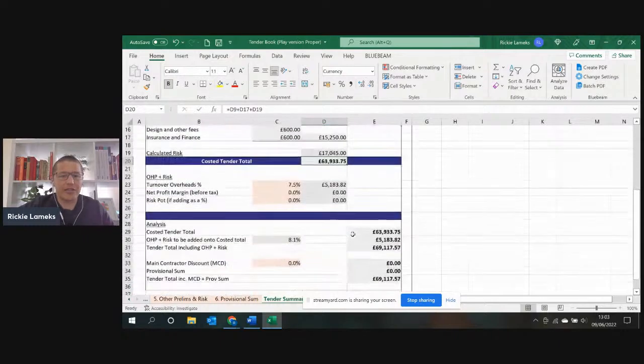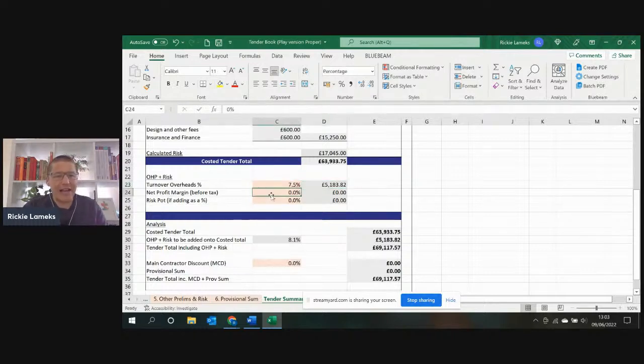So that's our costed tender total. So then we talk about what we're going to add on top of it. So adding on top our OH&P. So if you watched my previous live on overheads, you'll see how I got to this figure, 7.5%. But I have put in my overhead calculation from my actual overhead costs to give me that percentage, which I'm adding on top.